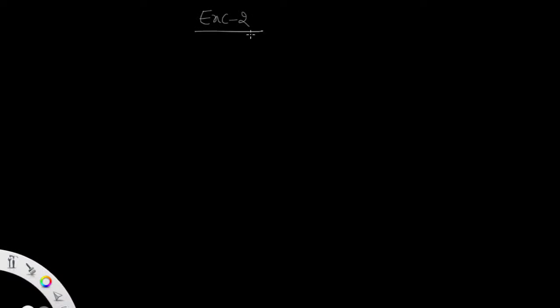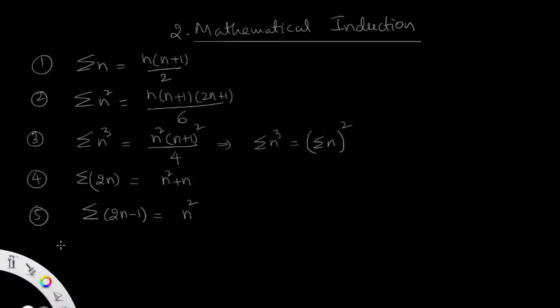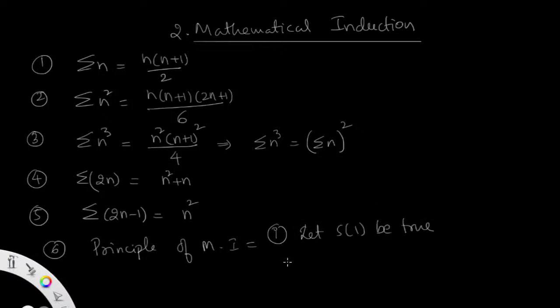The principle of mathematical induction is this. First case: let S of 1 be true. Second: assume that S of k is true. Next, if it is correct for S of 1 and S of k, then S of k plus 1 is true.